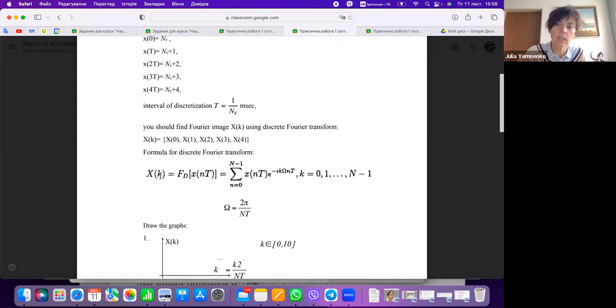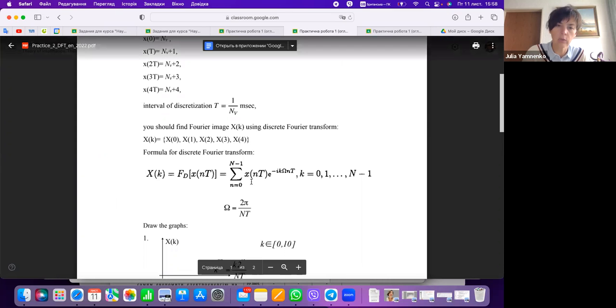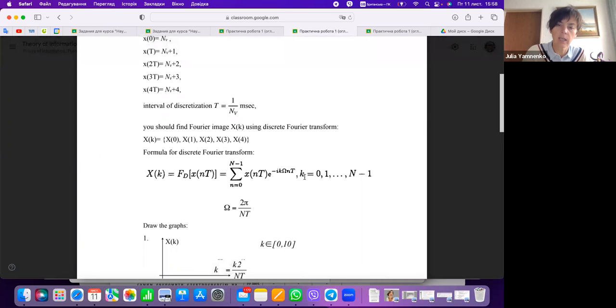So k is a fixed value, and you will do it consequently, putting k equal to 0, then 1, then 2, then 3, and then at last 4. Totally 5 values. For each of them, you should fix this value and then change n from 0 till 4, putting the proper digit of the original function and the proper values of n here.